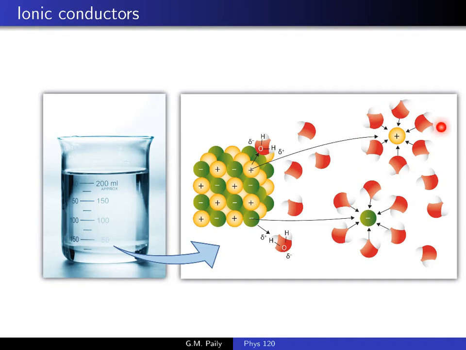Since the oxygen atoms in the water molecules each have a slight negative charge, they arrange themselves around the positive sodium ion. Similarly, the slightly positively charged hydrogen atoms in the water molecules arrange themselves around the negatively charged chlorine ion.